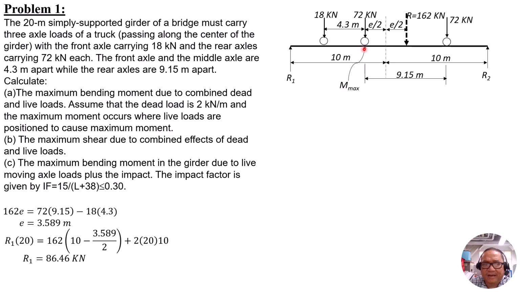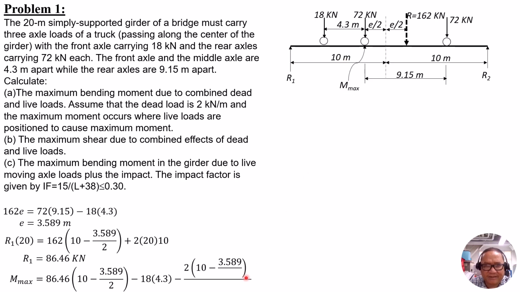Then the maximum moment here is R1 times quantity 10 minus E over 2, then minus 18 times 4.3 minus the moment of the dead load, which is 2 times quantity 10 minus 3.589 over 2, squared, over 2. So Mmax equals 86.46 times 10 minus E over 2, minus 18 times 4.3, minus 2 times 10 minus 3.589 over 2, squared, over 2.